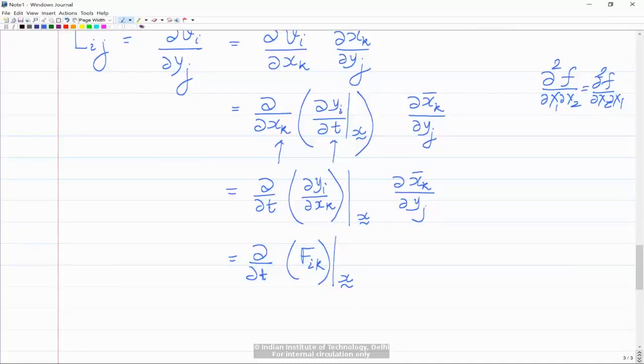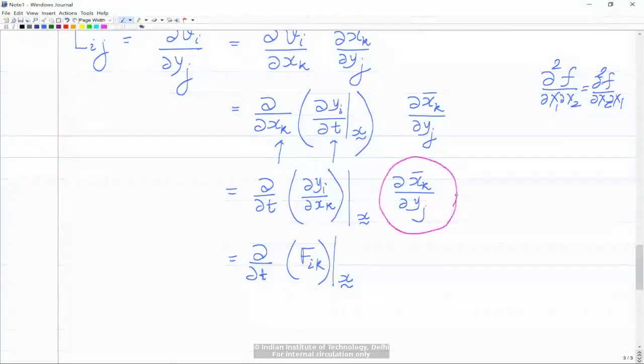If it's at fixed y, then it's the spatial time derivative. But now we're talking of the material time derivative, which in fluid mechanics is what you call big D by big Dt. And this other quantity is also interesting. If you think of it in terms of deformation gradient, what is this quantity?